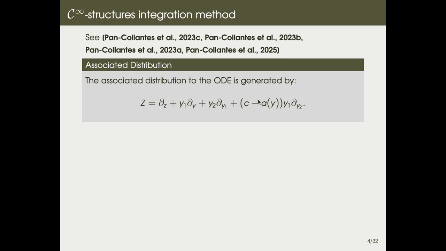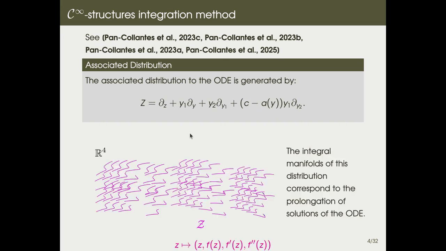As a first step, we substitute the target ODE with the corresponding distribution, the associated vector field S-Gamma, and the distribution generated by S-Gamma. That is, we translate our ODE into a vector field in the corresponding jet space.